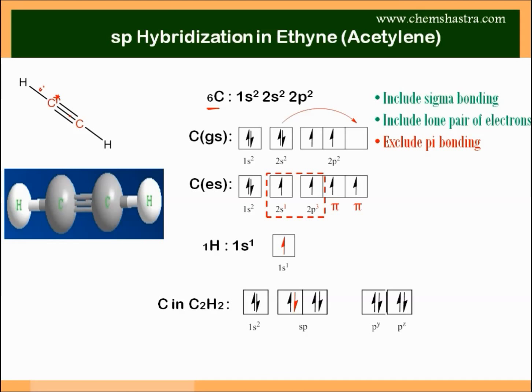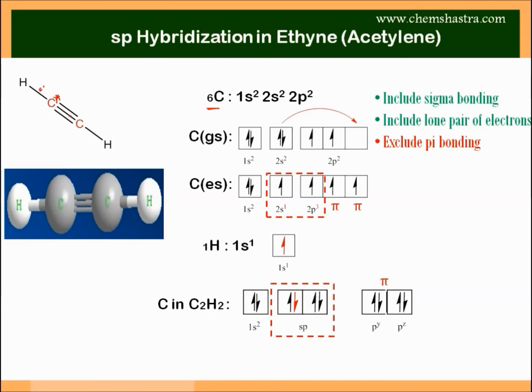You have this 1 red electron from the hydrogen atom, and then these black electrons are from the carbon atom, because the carbon is forming one bond with another carbon atom. This will give you sp hybridization, and the remaining 2 orbitals, py and pz, I will keep for pi bond formation, in which each electron will be shared with the neighboring carbon atom, and pi bond formation will happen. So you have sp hybridization followed by pi bonding.